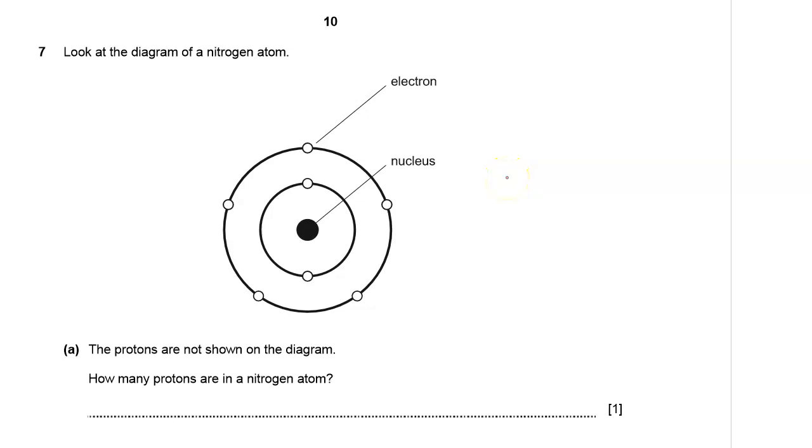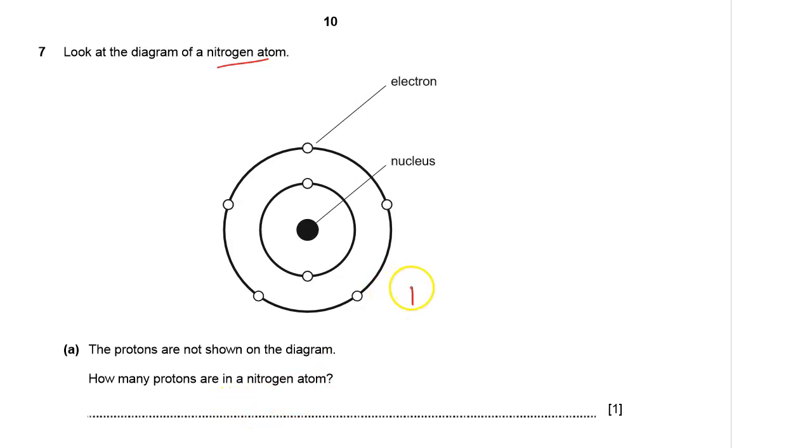Question number 7. Look at the diagram of an atom of nitrogen. Of course, you have the nucleus there. You have electrons around the nucleus in 2 orbits. The inner orbit has got 2 electrons. The outer orbit has got 5 electrons, as you can see. Protons are not shown on the diagram. How many protons are in a nitrogen atom?